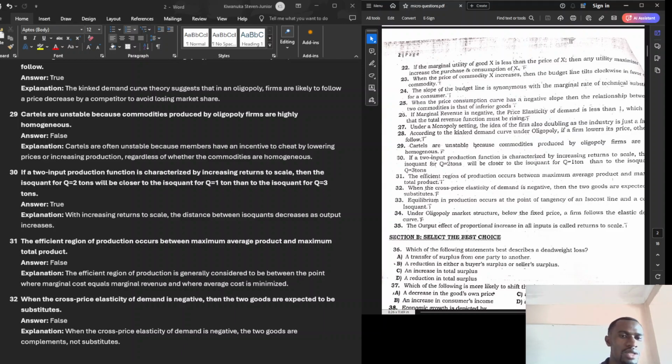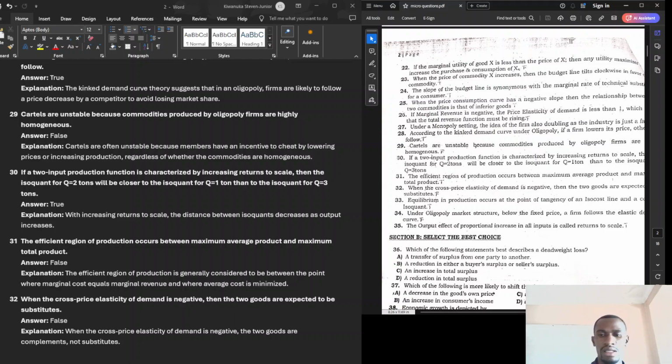That is false. Why? Because the efficient region of production is generally considered to be between the two points where the marginal cost equals marginal revenue and where average cost is minimized. You should go and study about those curves very, very well.